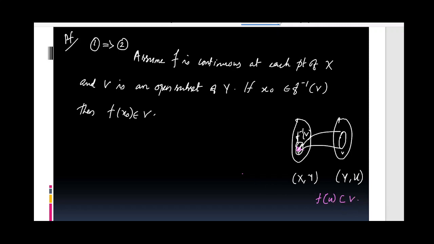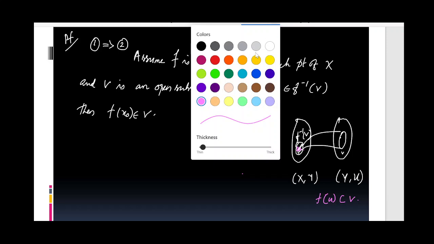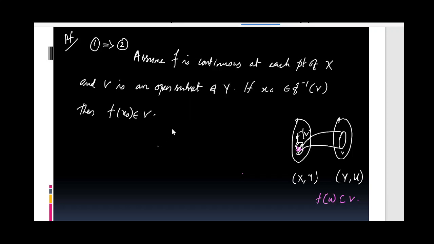So that's why we have f of x naught belongs to V. But then V is a neighborhood of f of x naught.